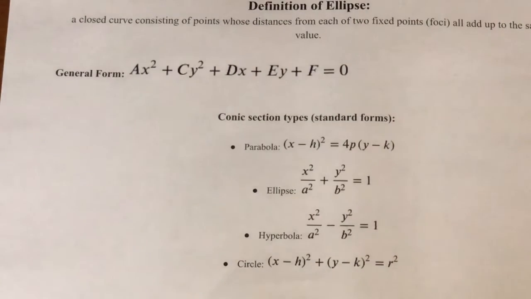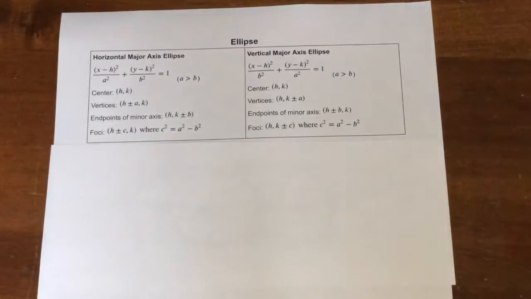So since we are focusing on ellipse today, let's dive deeper into the ellipse. There are two types of ellipse. There's a horizontal major axis ellipse and a vertical major axis ellipse. The horizontal major axis ellipse has the standard form of x minus h squared over a squared plus y minus k squared over b squared is equal to 1, where a is greater than b.